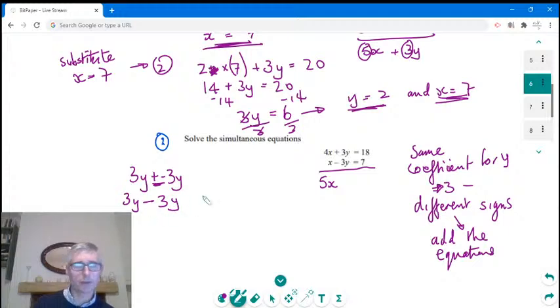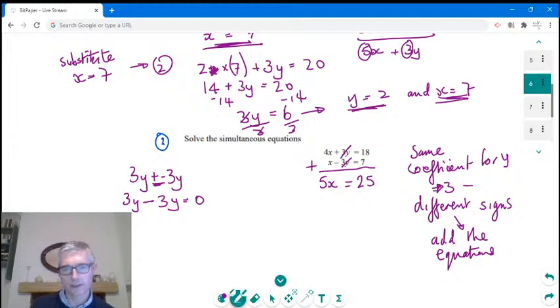Then we can see that 3y take away 3y is going to equal 0, so the y's cancel. And if we add, what we end up with is 18 plus 7, which is 25.